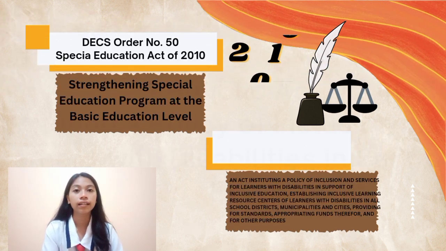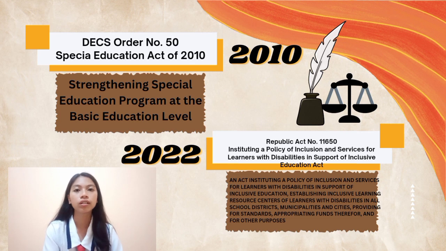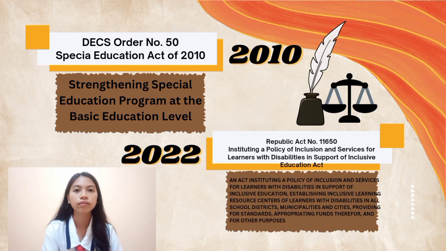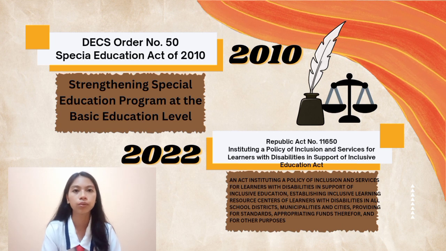Moving on to the latest law regarding special and inclusive education, Republic Act 11650, instituting a policy of inclusion and services for learners with disabilities in support of inclusive education.